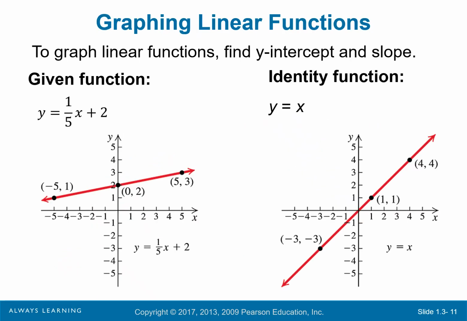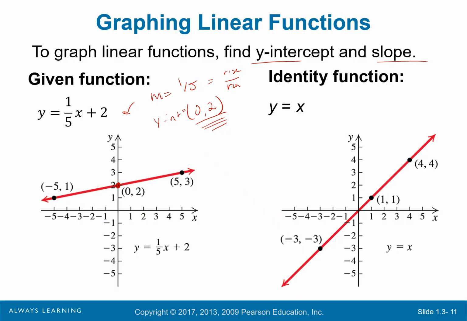Now, whenever we graph a function, you want to find the y-intercept and the slope first. Then we can actually graph it. So here I read off that my slope is 1 over 5 and my y-intercept is 0, comma 2. So I'm going to start by plotting the point 0, comma 2 right here. And then I'm going to use the slope 1 over 5 and know that that means rise over run.